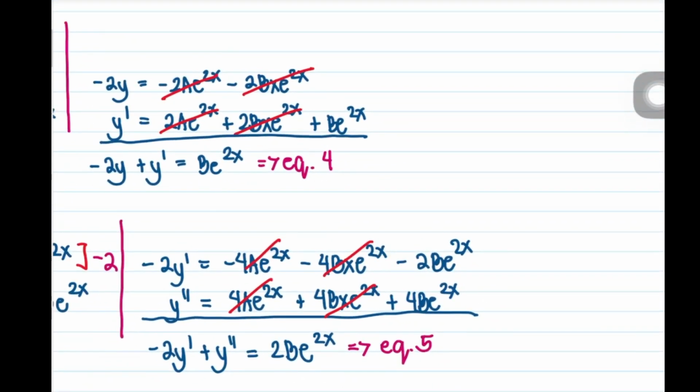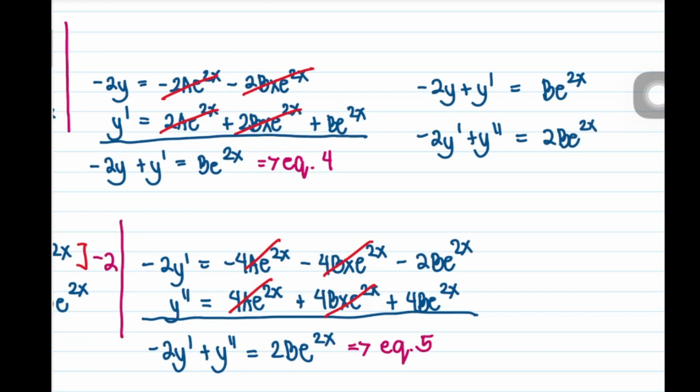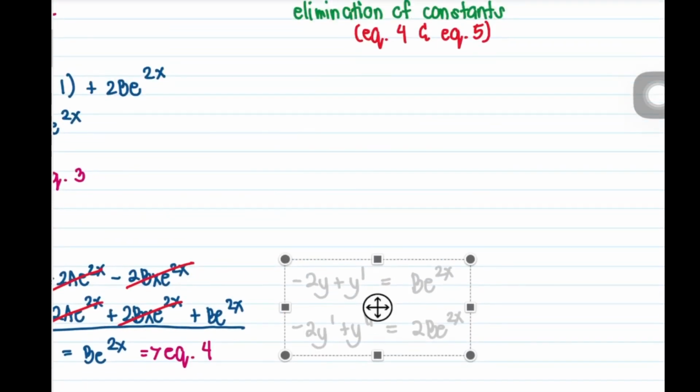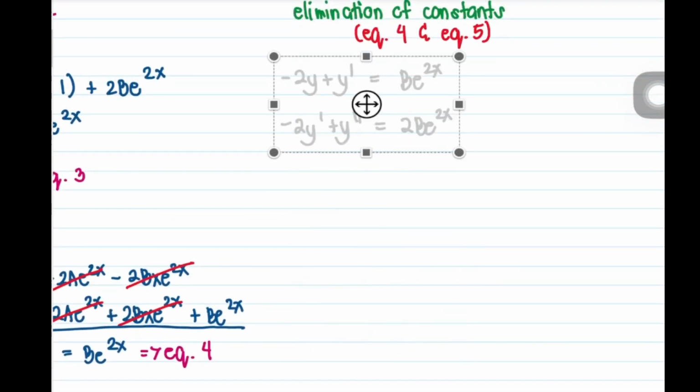So that one will be negative 2y plus y prime equals b e raised to 2x. Then the other one is negative 2y prime plus y double prime is equivalent to 2b e raised to 2x.